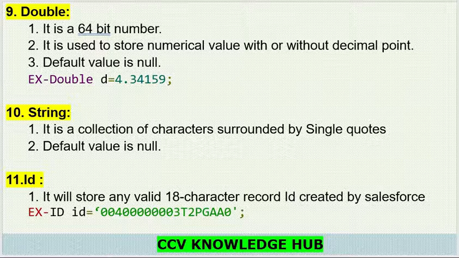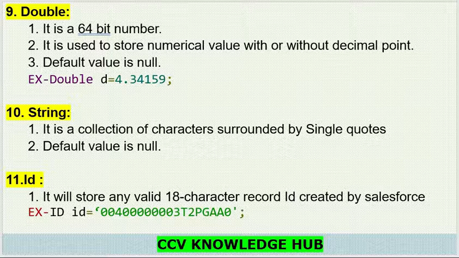And the next data type is String. It is a collection of characters surrounded by single quotes, and the default value is null. After writing any word, we just give single quotes and assign it to the variable. And the last one, very important in Salesforce, is ID.